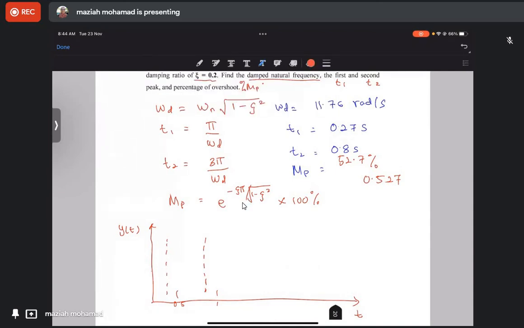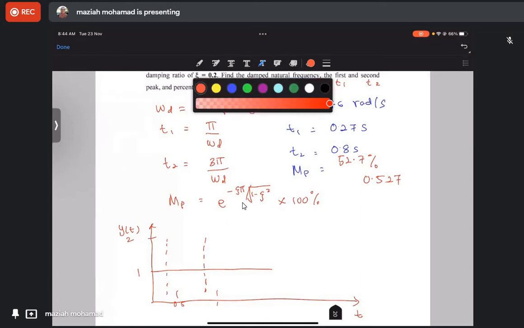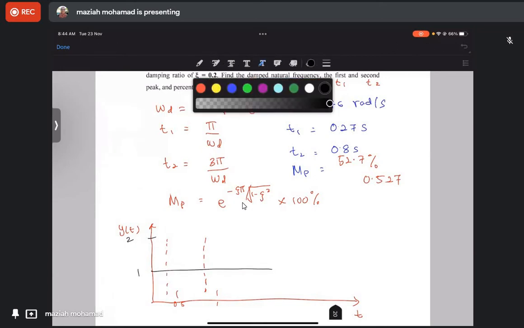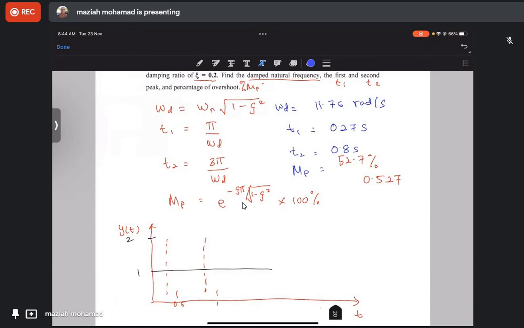Let's say here is 1. I'm just going to sketch the response. At T1 it will reach 1.527, so around here.